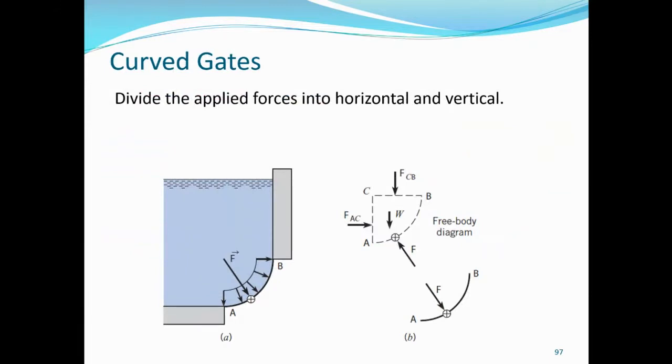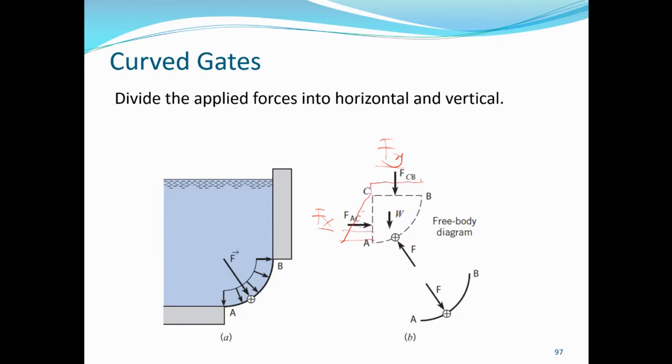Now, for the curved gates, we explained how to do it. We'll take an example. All we need to do is to divide the applied forces into horizontal and vertical, horizontal acting on the fluid element, then this volume. This is Fx, and this is Fy. Once we find Fx and Fy using all the previous principles we highlighted, this will be the distribution for the vertical.